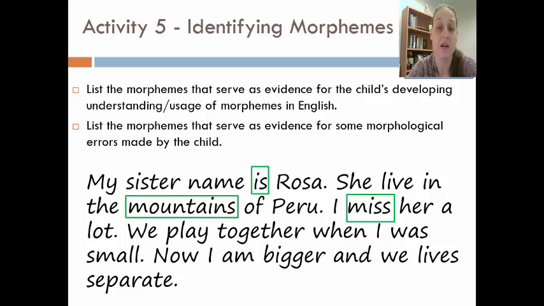Miss, we see here that the conjugation is correct, so she correctly did not add any sort of suffix onto this verb, which represents the correct conjugation for first person singular I. Was, again, she used the correct past tense verb of to be to reflect the first person singular I, and so these would be examples of inflectional morphemes.